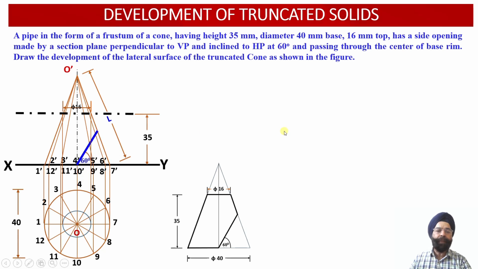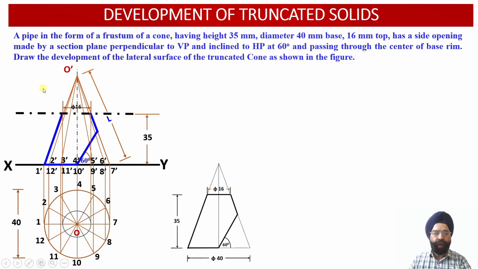Now we have been provided with the information. There is an auxiliary inclined plane or an opening, starting from the center of the rim over here. This opening, or auxiliary inclined plane, will be inclined at an angle of 60 degrees with respect to the horizontal plane, and it will be perpendicular to the vertical plane. Now we can join the remaining portion of the solid.